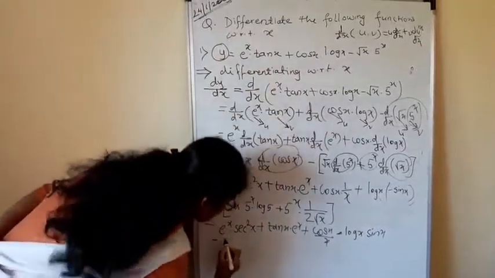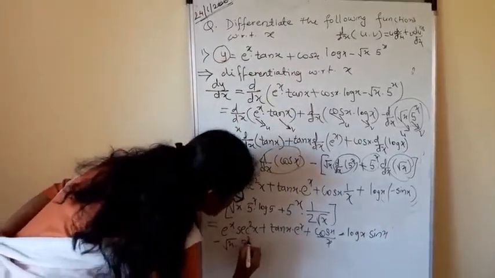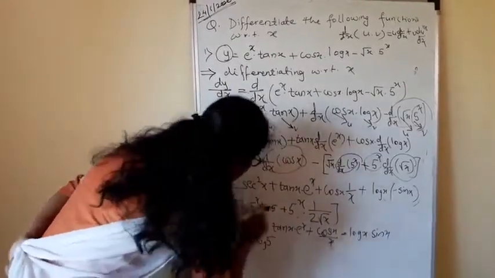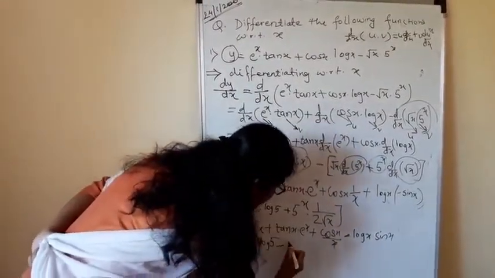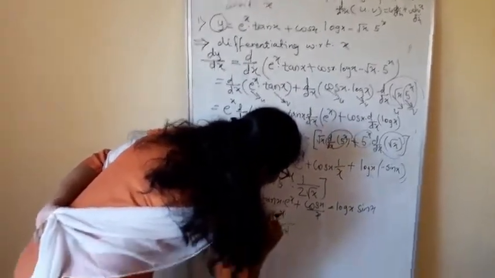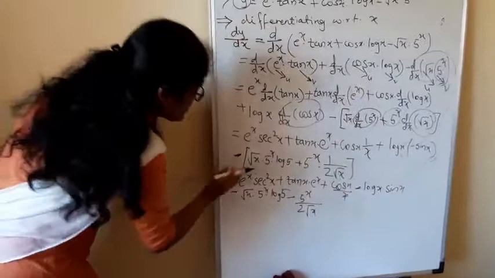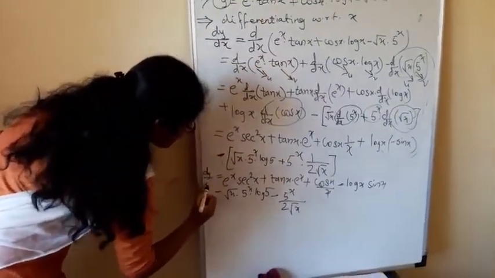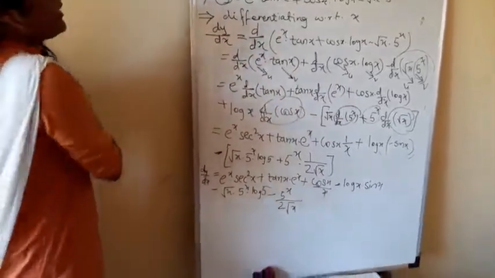So minus root x into 5 raised to x into log 5 minus plus minus 5 raised to x upon 2 root x. This is our dy by dx.